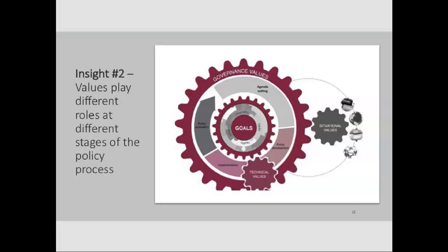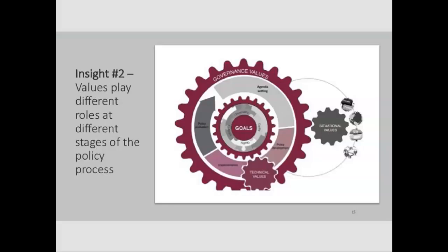But at this point, about insight number two, values depend on the stage of the policy process, and they play different roles. For example, for the stage of agenda setting, many of these goals help to decide what the priorities of the health system are, in terms of what policies are important to guarantee those goals.